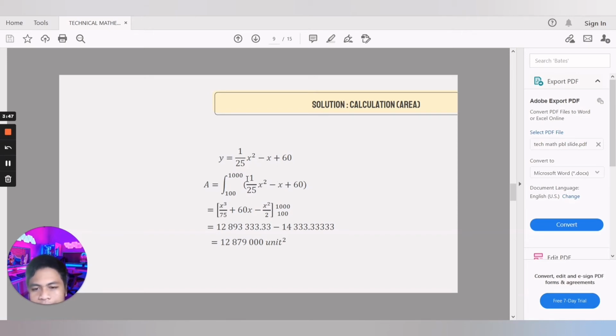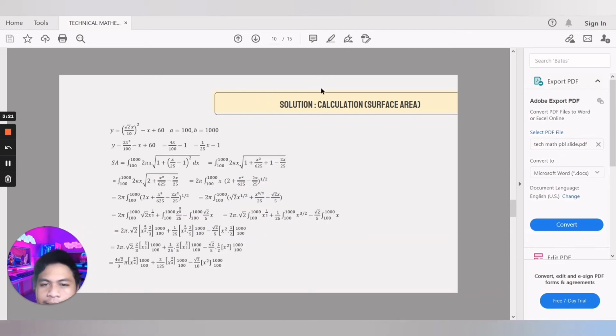We integrate the equation and get x³/75 + 60x - x²/2 from 100 to 1000, and we get 12879000 unit squared.